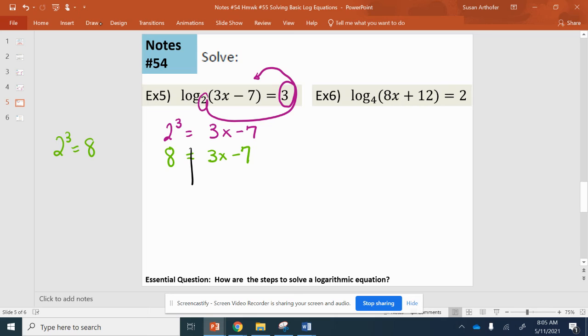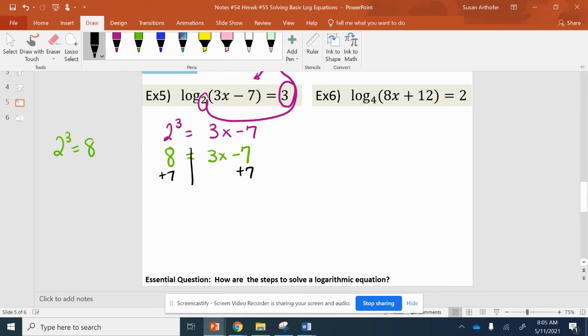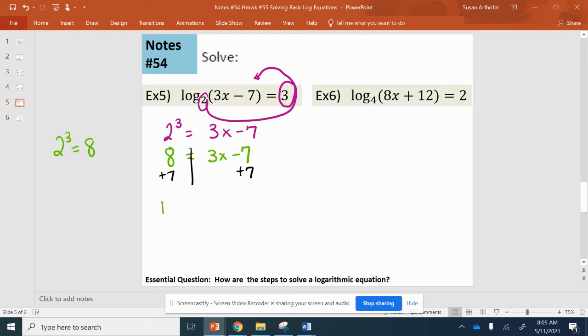Now we're going to solve for x, so we have to add 7 to both sides. 8 plus 7 is 15 is equal to, the 7's cancel, 3x. Now we have to divide both sides by 3. So our answer is x equals 5. 15 divided by 3 is 5.